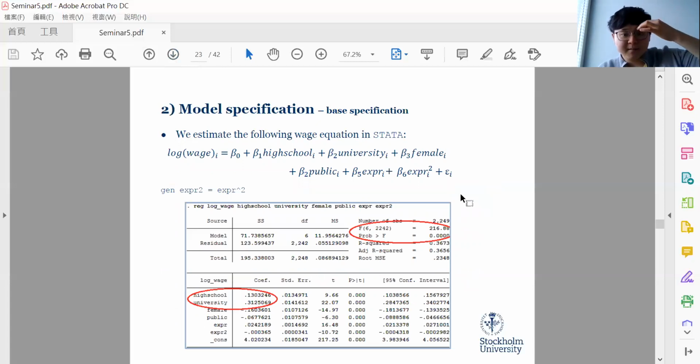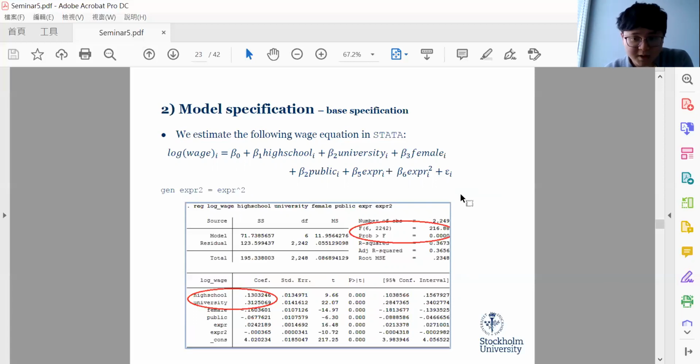And now we estimate the following wage equation in the data. Log wage_i, where i stands for individual, equals beta 0 plus beta 1 high school, plus beta 2 university, plus beta 3 female, plus beta 4 public, plus beta 5 experience, plus beta 6 experience squared, plus the error term.